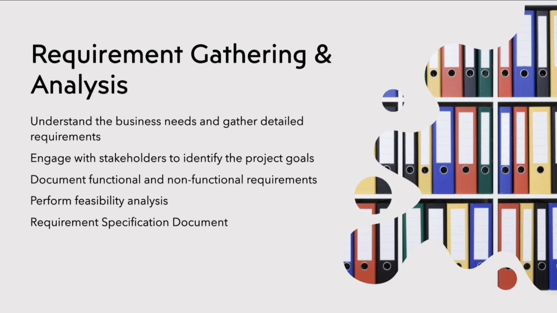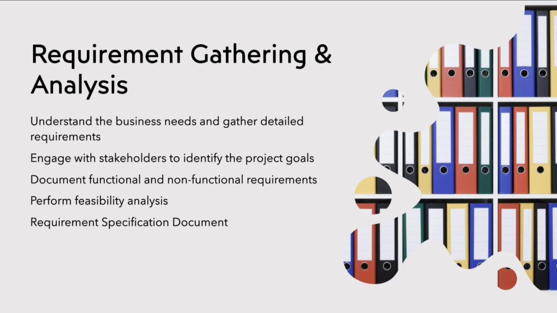Then we create a document where we write the functional and non-functional requirements, and we also perform a feasibility analysis, checking the feasibility of the technologies and what kind of things are needed.